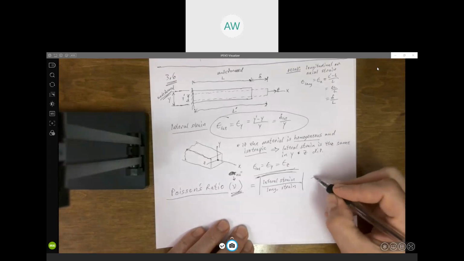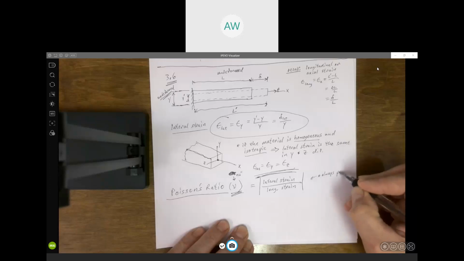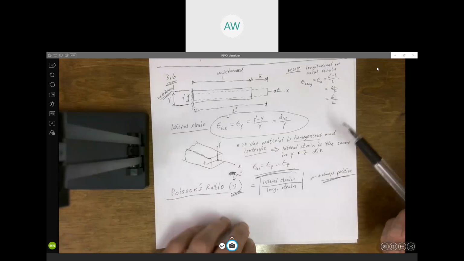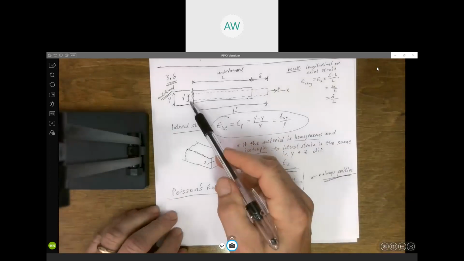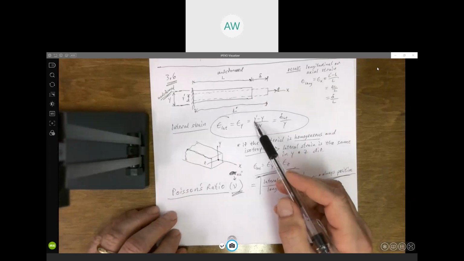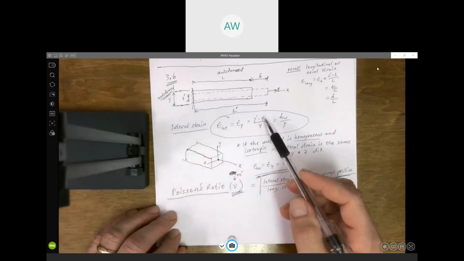The absolute value is there so that we always get a positive value. Because go back to our previous discussion, if we stretch it and it gets longer, the longitudinal strain is positive. But the lateral strain is going to be negative, right? If you take the deformed length in the lateral direction minus the original, you're going to get a negative number.